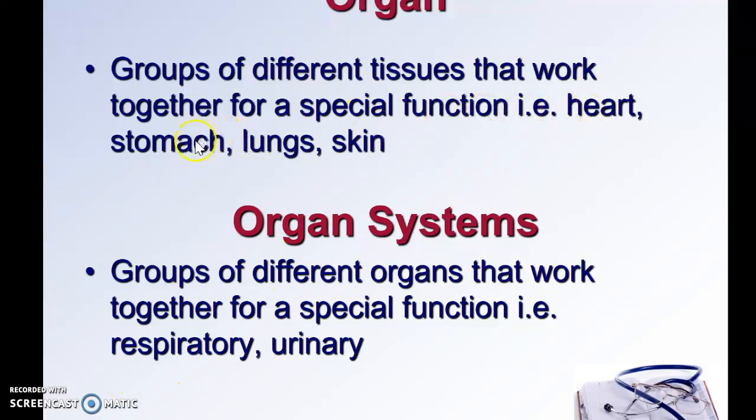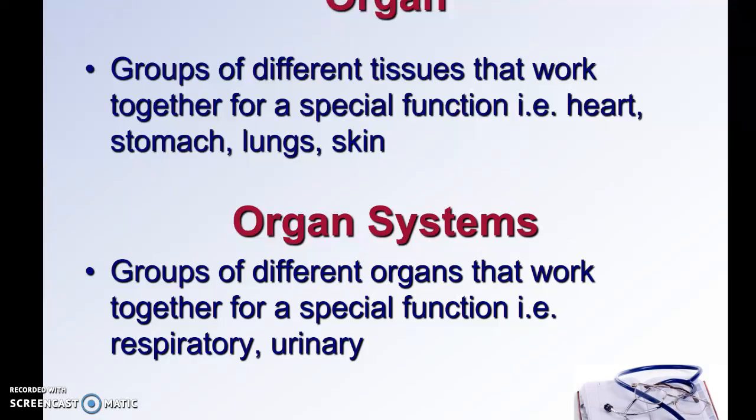When all these separate organs work together, they create organ systems. So a group of different organs working together in a specialized function. As you can tell, specialized function is a key word here. So, again, cells are the basic unit for structure and function. Groups of cells combine to make tissues which perform single functions.